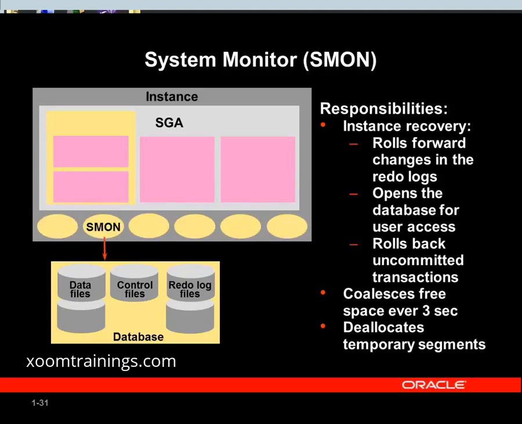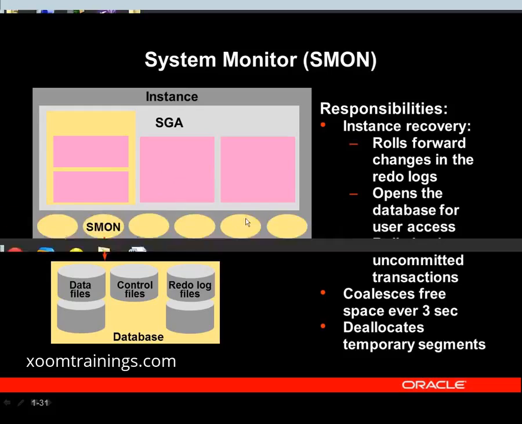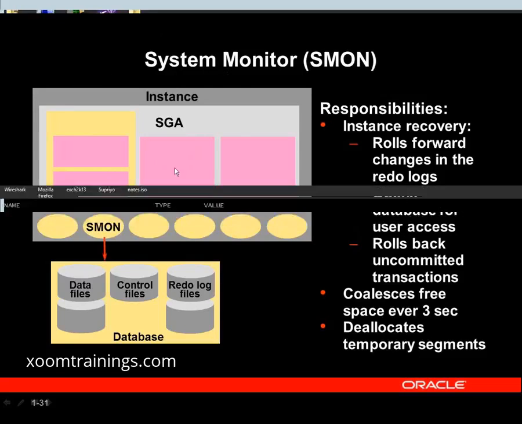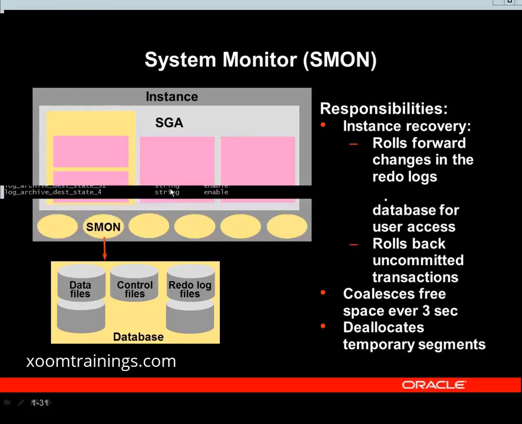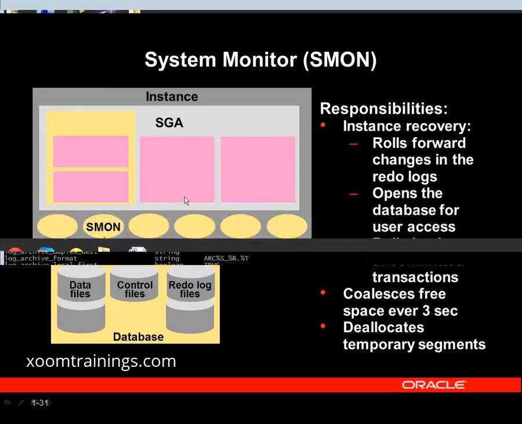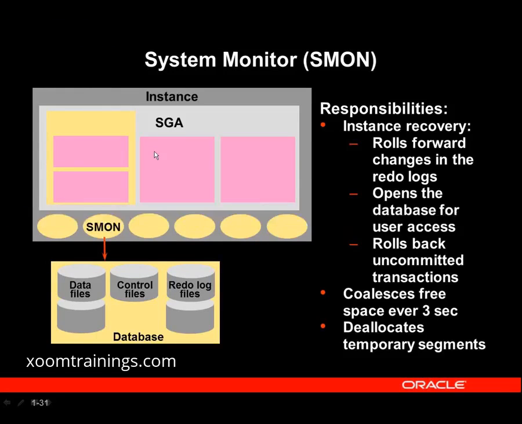And let's say the third point is that SMON coalesces free space every 3 seconds. So it coalesces free space in the database buffer cache. Let's say a block is generated at the beginning, then after that one in the middle, and after that one at the bottom. So the next block generated would be at the end of the last block. So there is free space in the buffer cache.